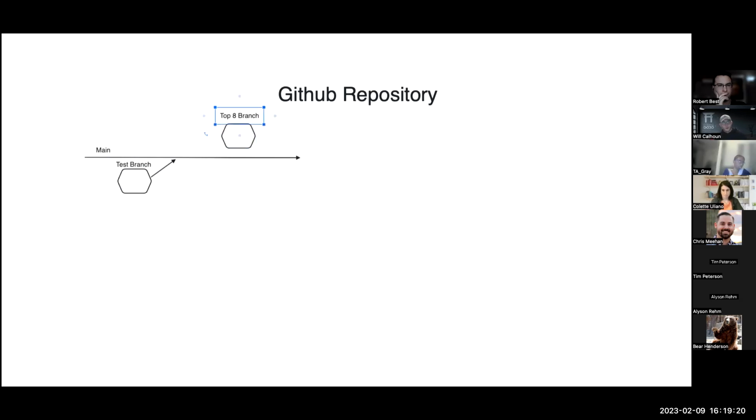Now remember, when I pushed my code to production, our codes started at the same spot. We started with the same base, the same copy. But now, since I've pushed to production, the main code is different.